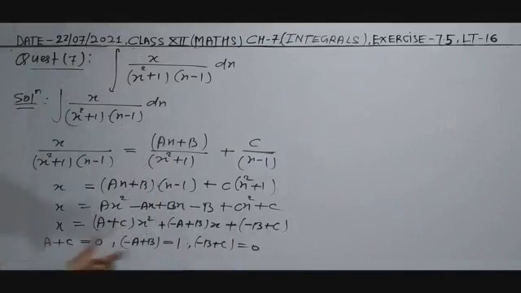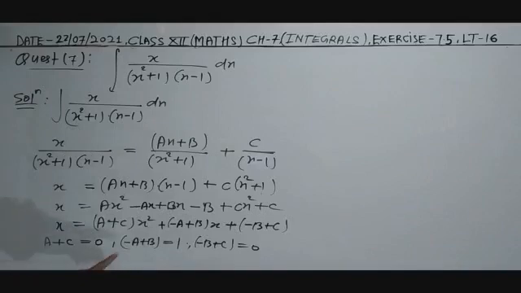After solving these three equations, you will get the values of a, b and c. Suppose I solve the first two parts, minus a plus b and plus b minus c.